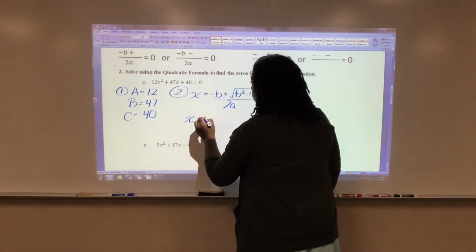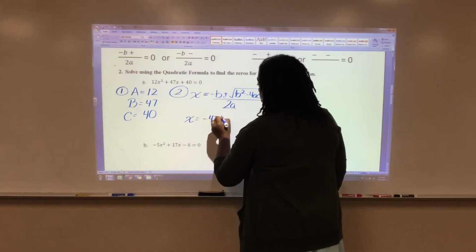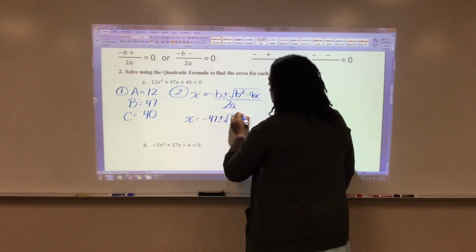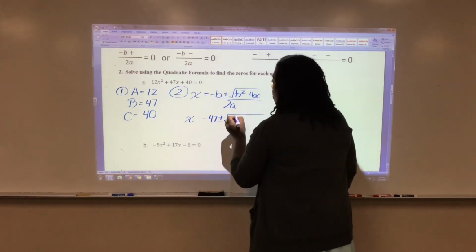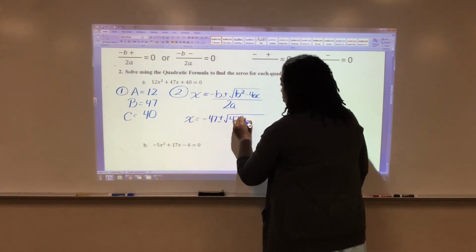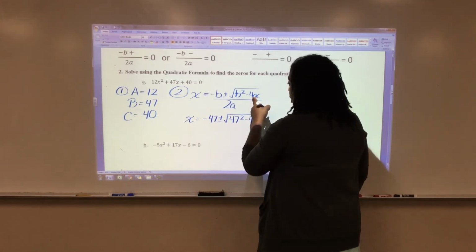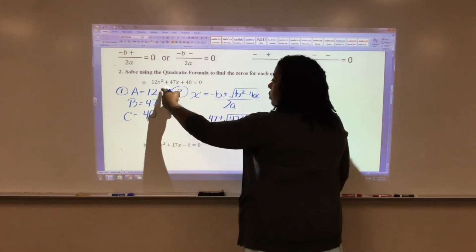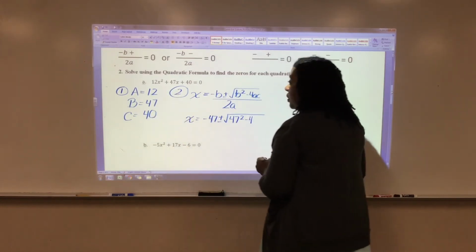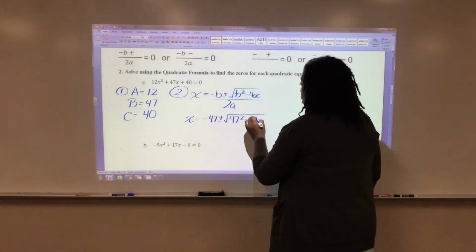So x equals negative, b was 47, plus or minus the square root, here's our long part, b, so 47 squared minus 4, and then we're going to do that a times c. So 12 times 40, you can go ahead and use your calculator, I'll give you a moment. Turns out to be 480.